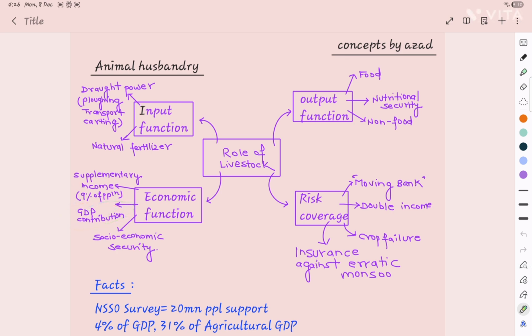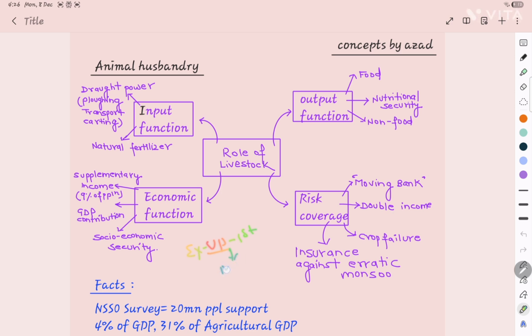The fourth function is risk coverage. Suppose the income of a farmer comes basically from two things. First one is from farm or crop plus livestock.